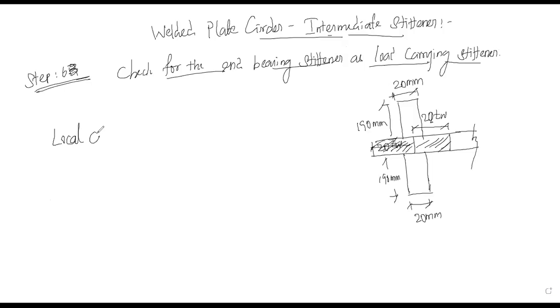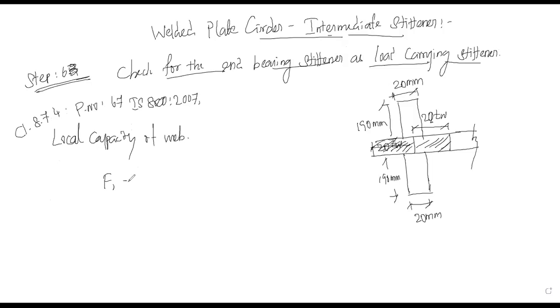Local capacity of web, which is from clause 8.7.4, page number 67 of IS 800:2007.